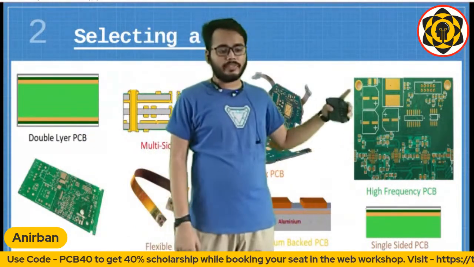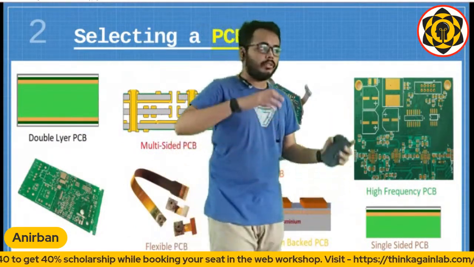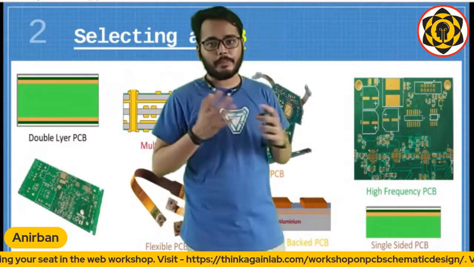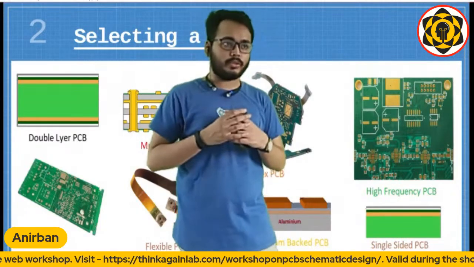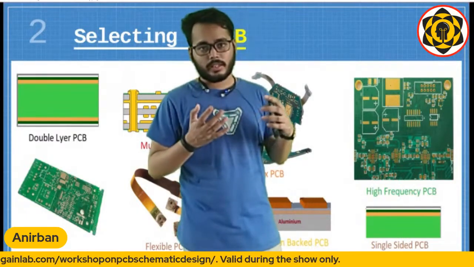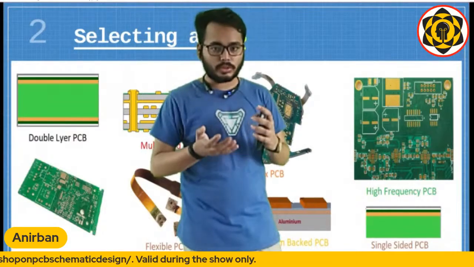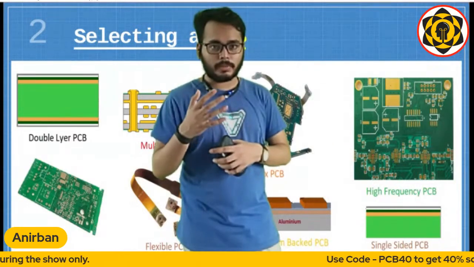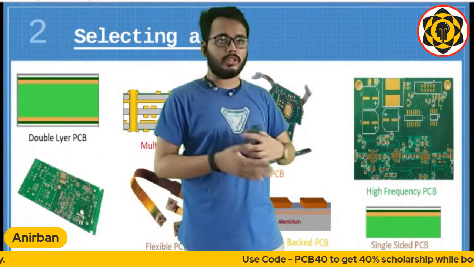And then there are high frequency PCBs. So basically, when you put a PCB in a high frequency or high pressure region, its properties alter, because certain components that are normally used to make a PCB cost efficient do not behave well with high frequency or high pressure regions.